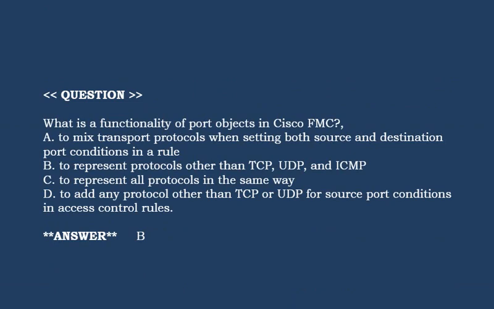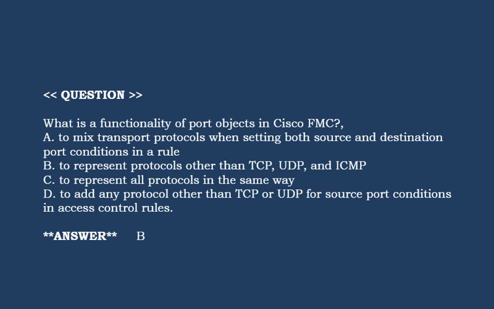Next question is, what is a functionality of port objects in Cisco FMC? Option A, to mix transport protocols when setting both source and destination port conditions in a rule. Option B, to represent protocols other than TCP, UDP, and ICMP.